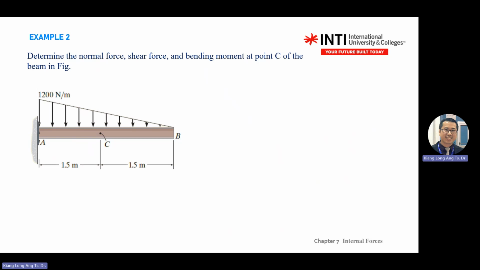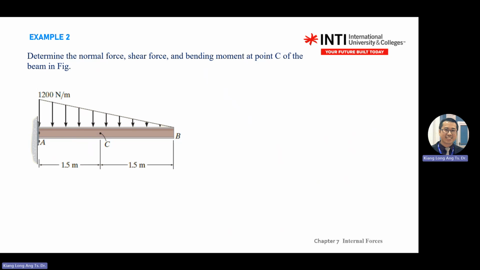Second part, then only you do the external analysis. This one was mounted to the wall, so you have X, Y, and moment. Okay, label carefully. And then the focus load will be one-third from the wall. The total length is 3, so one-third is 1 meter from here.